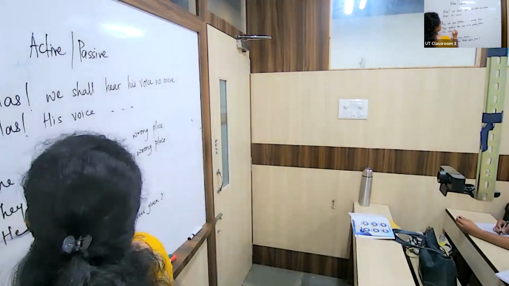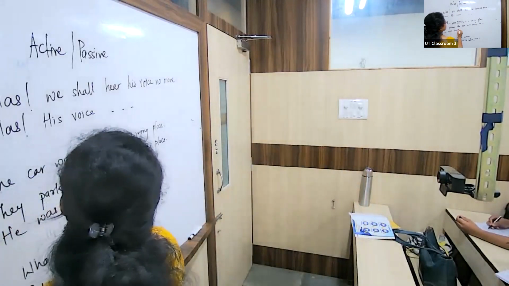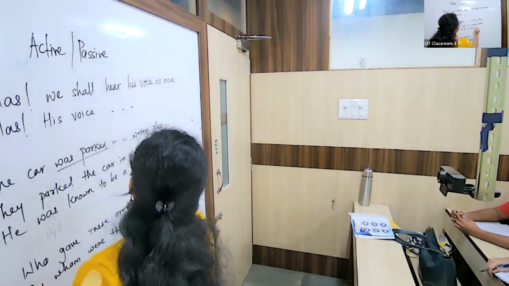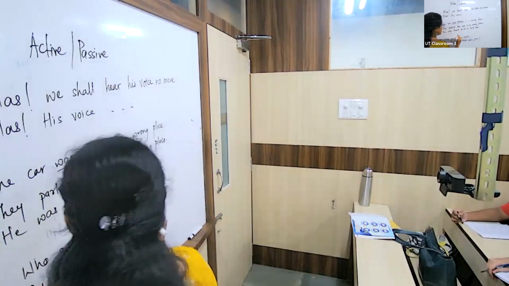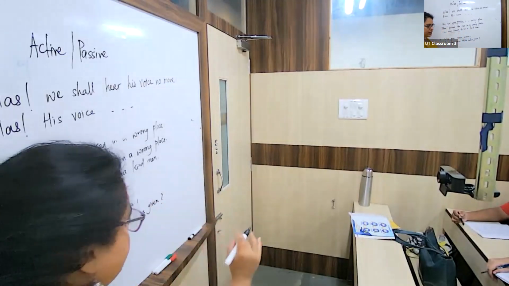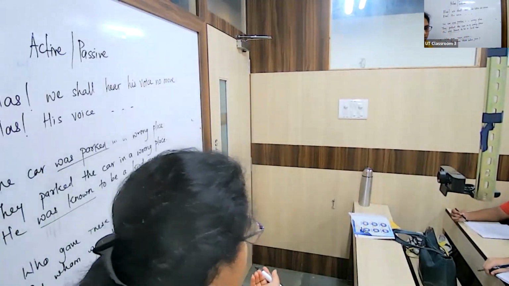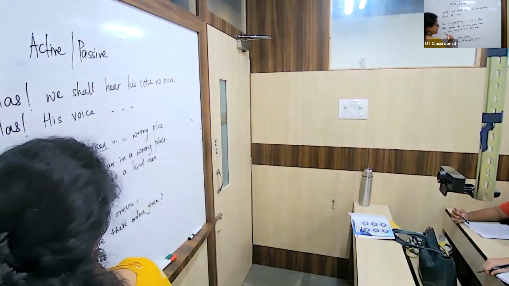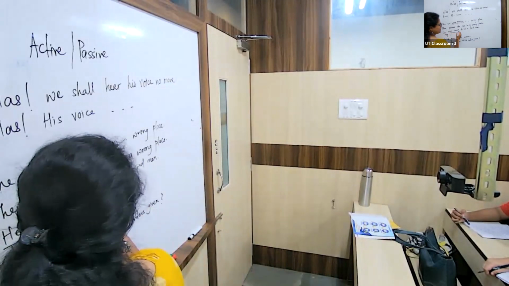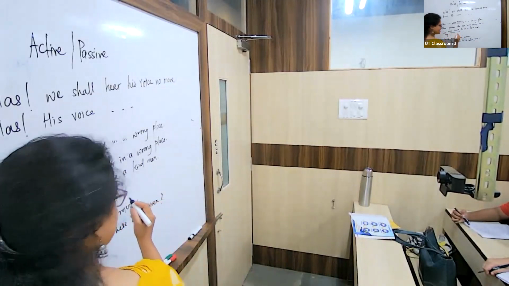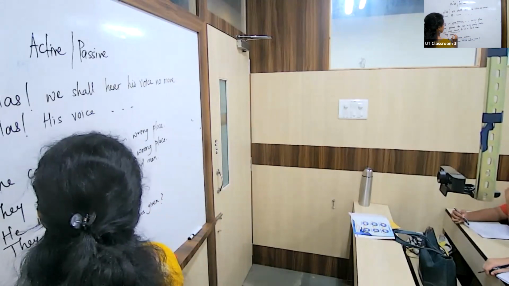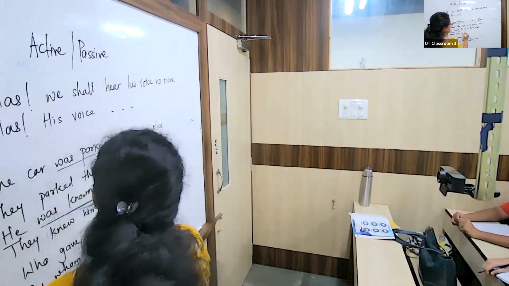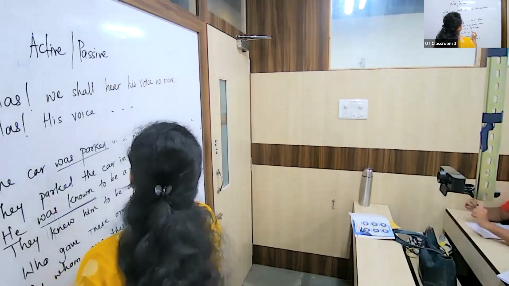He was known to be a kind man. The sentence is was known मतलब passive voice में है. We don't know by whom, so we use they. So they was known मतलब ये क्या है? Past tense. They knew him to be a kind man.